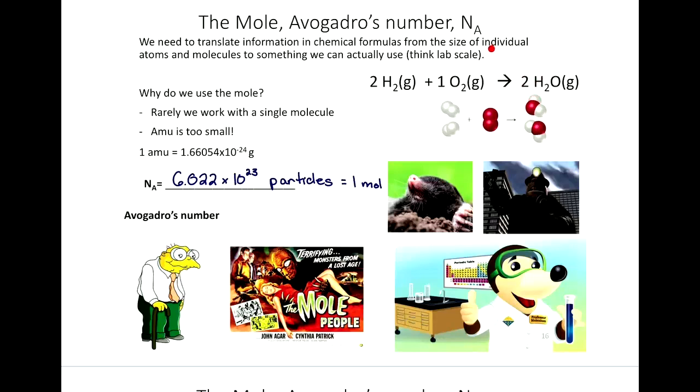But I could also say, for every 2 dozen oxygen molecules, I get 2 dozen water molecules. Or I could say, for every 1 mole of oxygen, I get 2 moles of water as we scale things up. All right, so mole, it's M-O-L-E, that's how you spell it, but oftentimes I will abbreviate it M-O-L to save 1 whole letter.